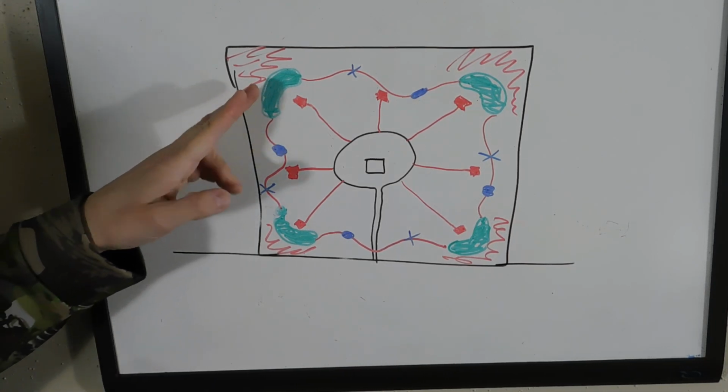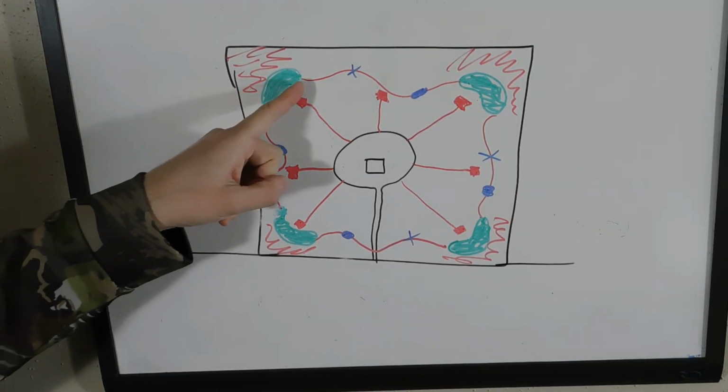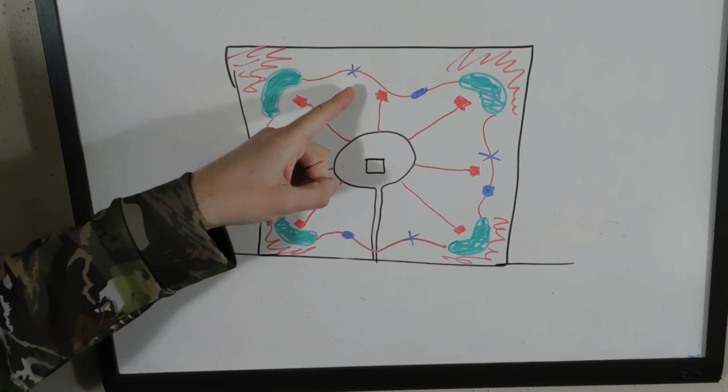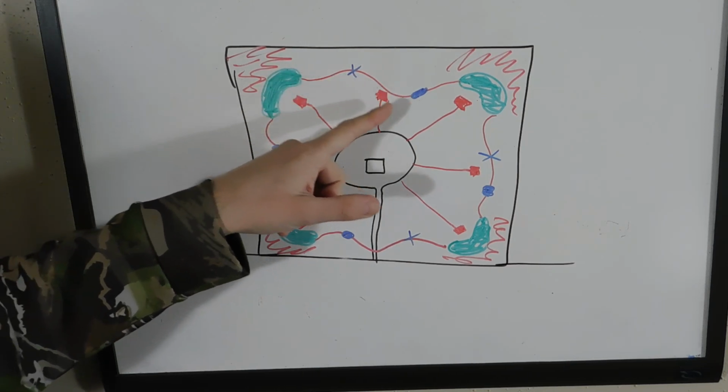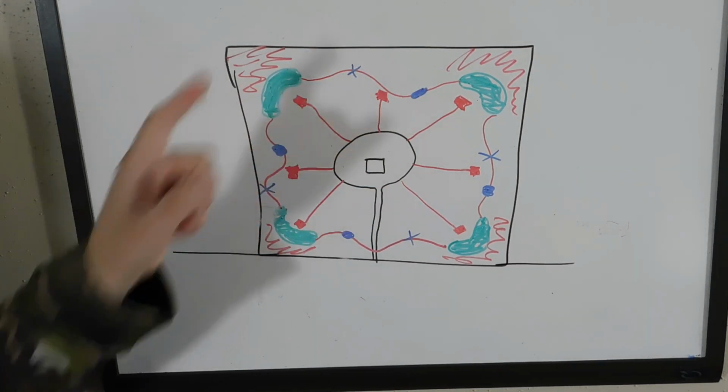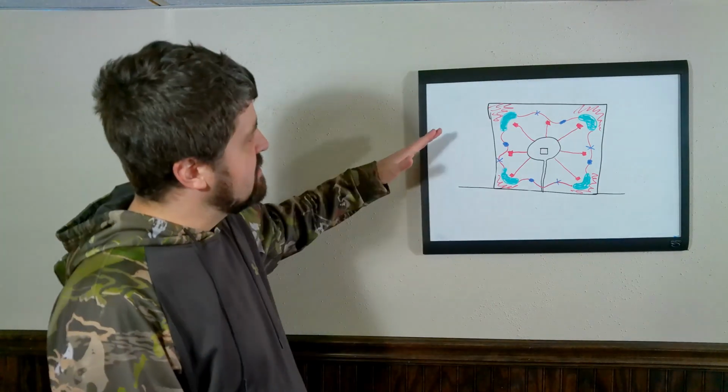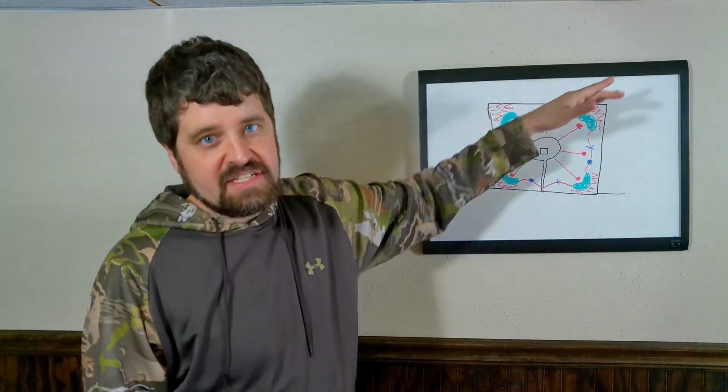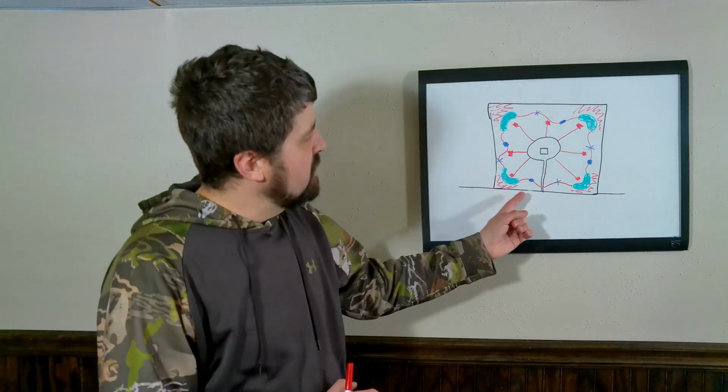But if it hits this edge of this plot, it'll follow along here. It goes, oh, I might as well check out that mock scrape while I'm right here. Maybe I want to hit up this water hole. And now that deer walks right past you instead of just staying on its straight trajectory over the corner of your property. So that's where utilizing these edges and these travel corridors can be very advantageous to you.